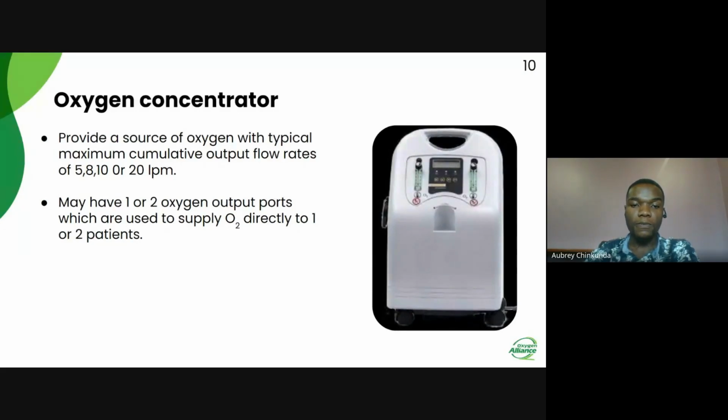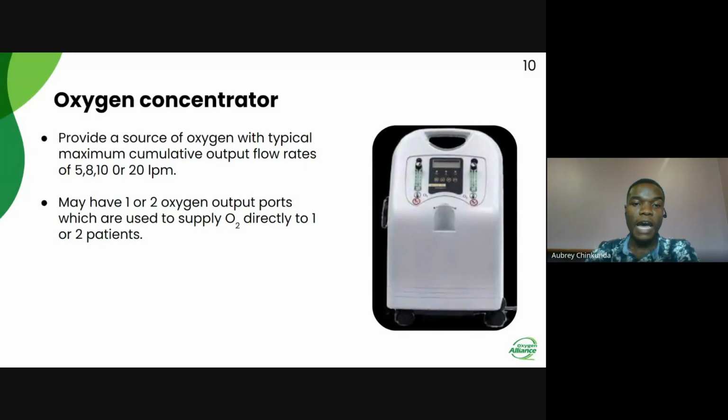It is important to always take note that not all concentrators with 2 flow meters are dual flow oxygen concentrators. And this is to say that some concentrators that have 2 flow meters might not produce oxygen from both of those outlets.